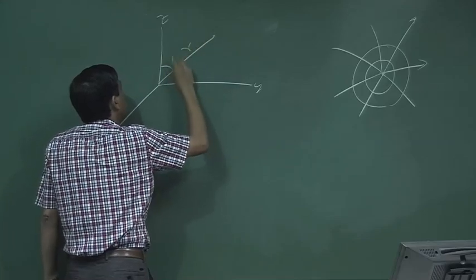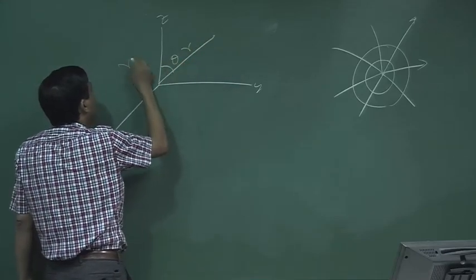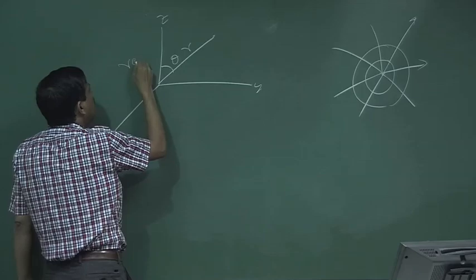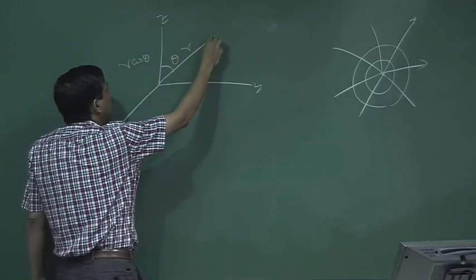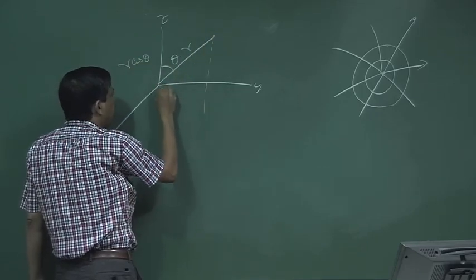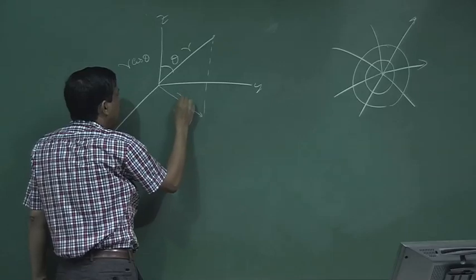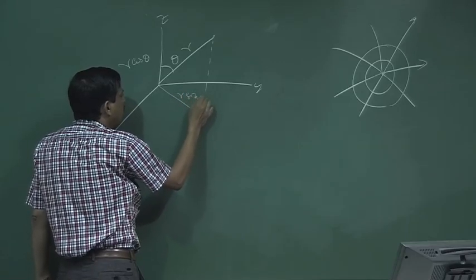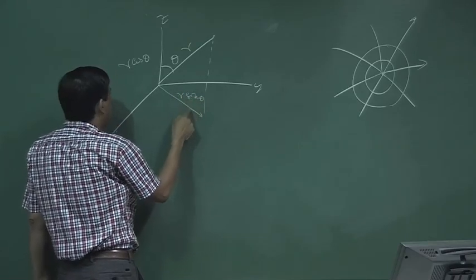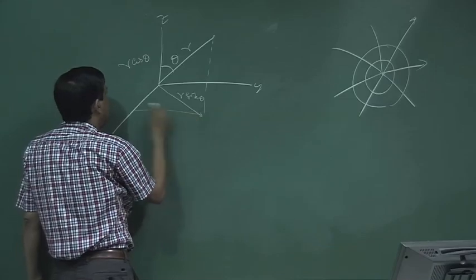If this angle is theta, and this is r, the projection of r here is r cos theta. Now, if I make a projection in the xy plane of this same r, I get r sin theta. The projection of r sin theta on the x axis gives me x.